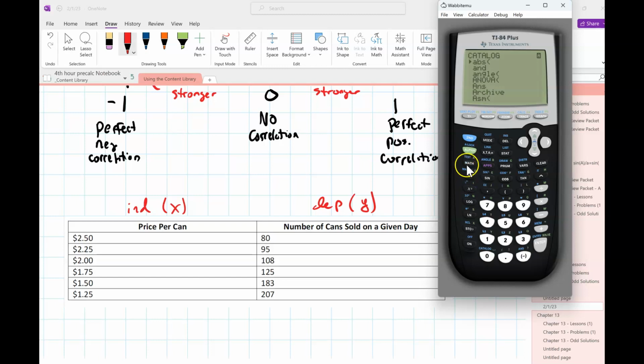Or notice above the buttons on your calculator in green are the letters A, B, C, D, E, F, G, etc. So the D there is right above the X to the -1. So I'm just going to press that button, and it's going to skip me all the way down to the D's. And now I'm going to scroll until I find that diagnostic on command.